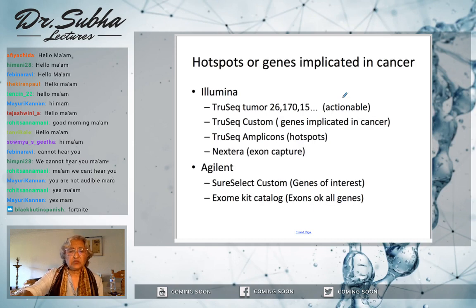So in this slide, I'm showing that there are many ways people have chosen to restrict the regions they sequence. What do I mean by that? When you're finding variants, don't think of variant calling and reference genome and everything.